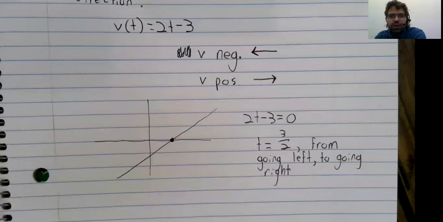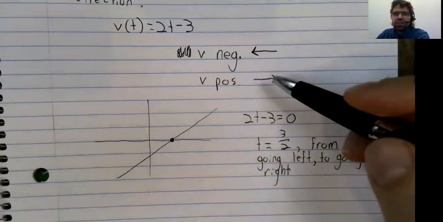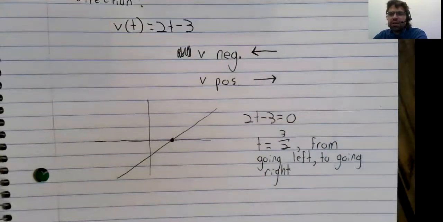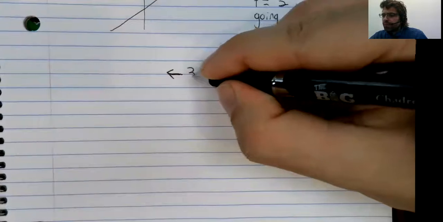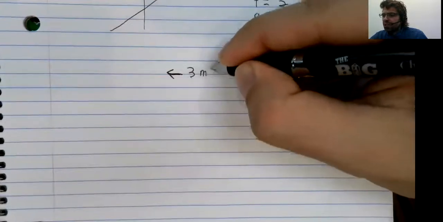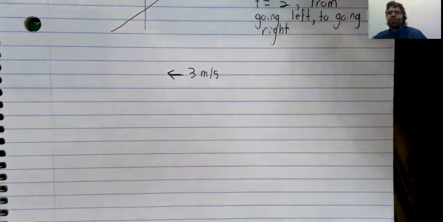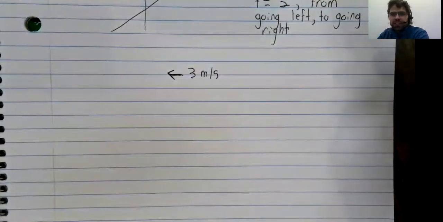That's it for the parts of the example, but let's talk about this a little more. It can be, I think, confusing if you don't think it through. The object is initially going left at a speed of 3 meters per second.